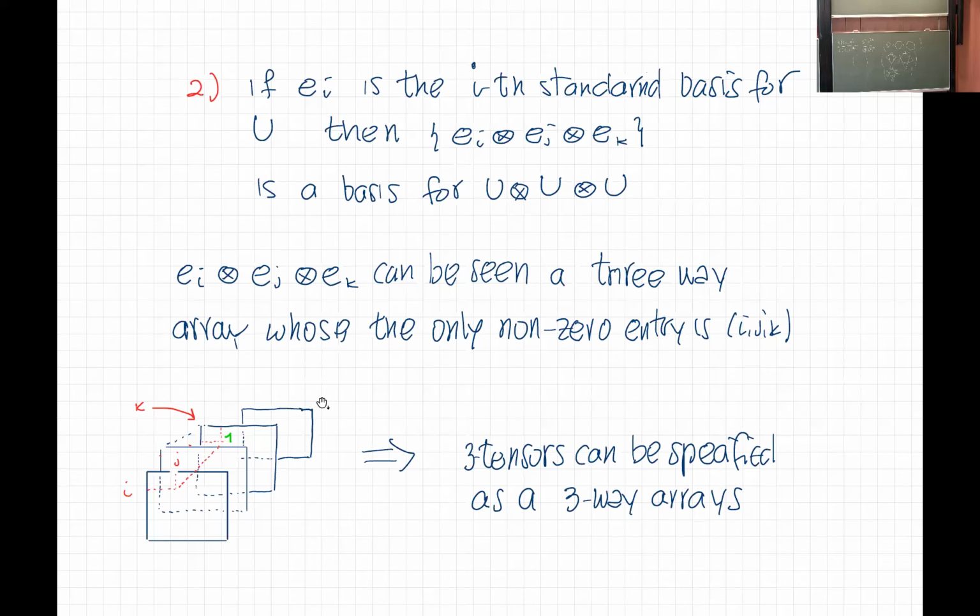And this tensor, for example, you can represent as a three-way array, where in this case the only non-zero entry is the (i, j, v) entry. So, just to let you understand that essentially we can look at three-tensors as three-way arrays.